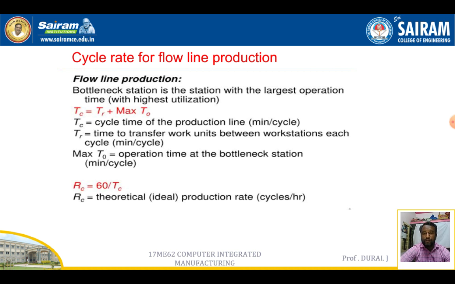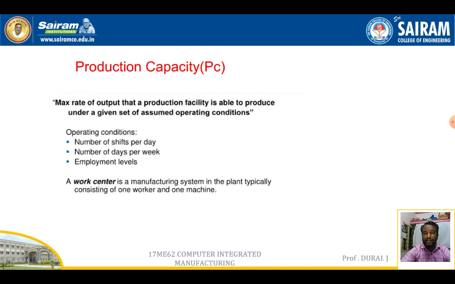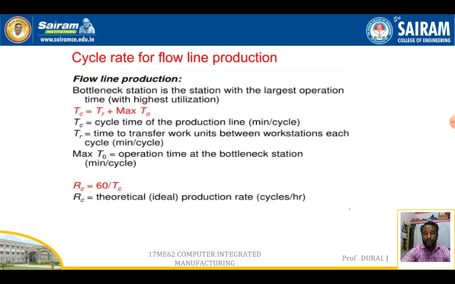So TC is equal to TR plus the maximum of TO, the operation time. RC is equal to 60 by TC, where RC is the theoretical production rate.